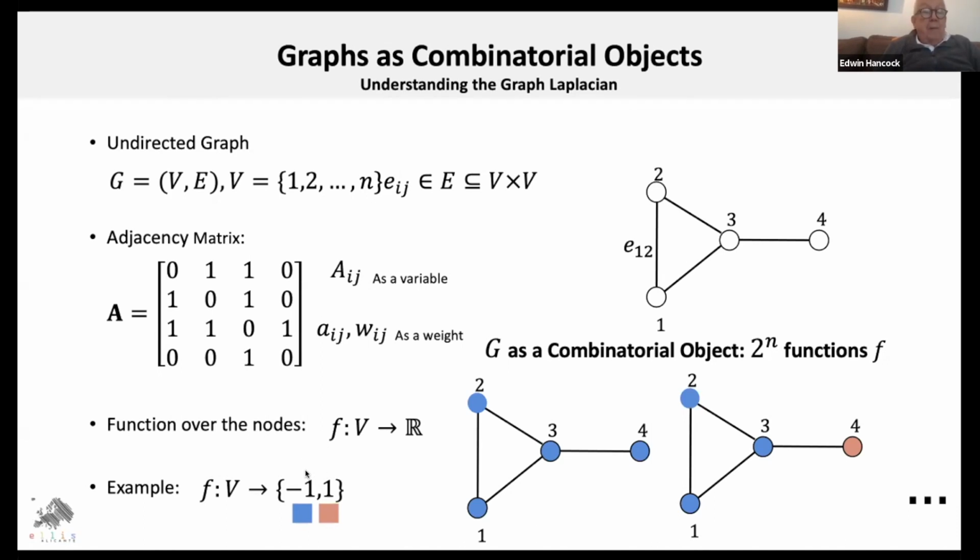And in this talk, I'm going to color the negative elements in blue and the positive elements in red. And so here you see an example of two different functions defined on the graph, and the blues and reds indicate whether the node function f takes on a value -1 or +1.